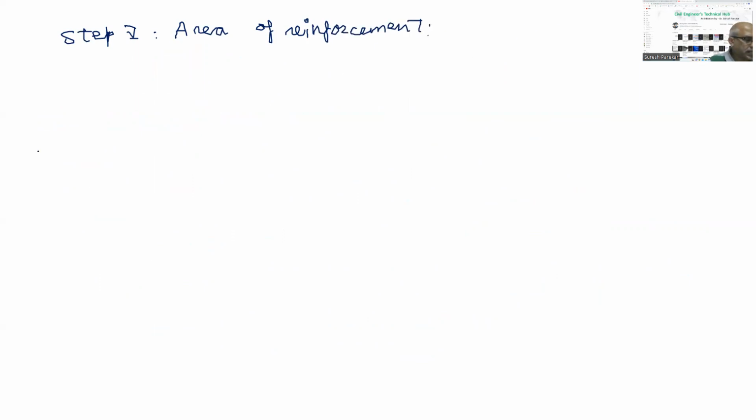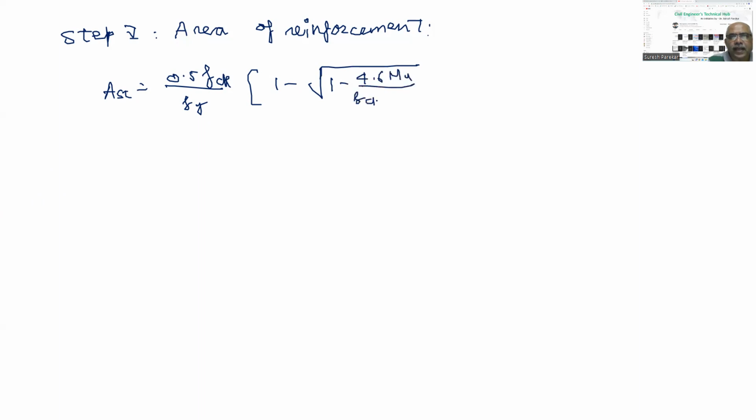Then AST equal to, we have to use the formula 0.5 FCK upon Fy in bracket 1 minus root of 1 minus 4.6 Mu upon FCK BD square into B into D. And we have to put the values one by one.